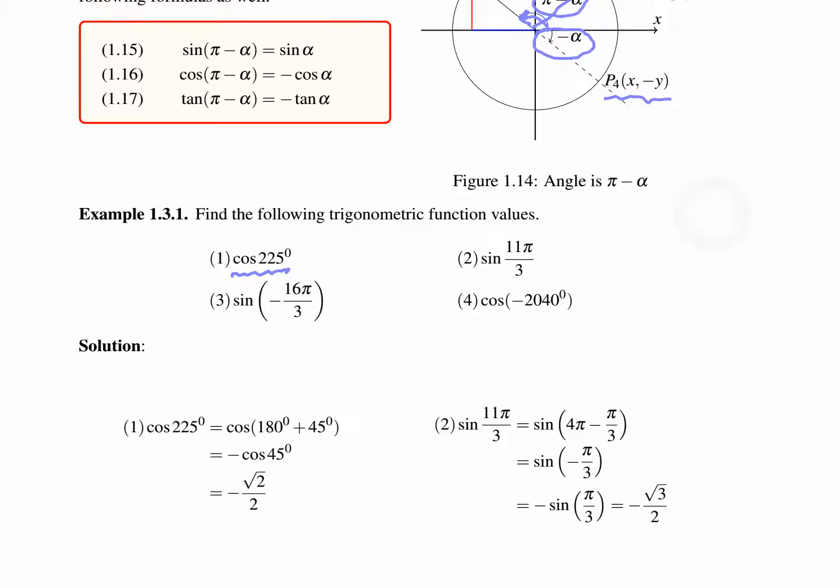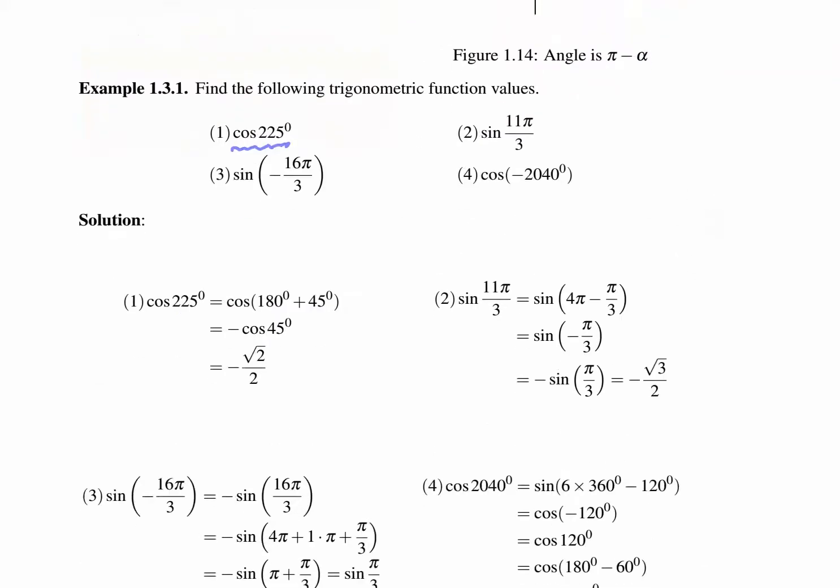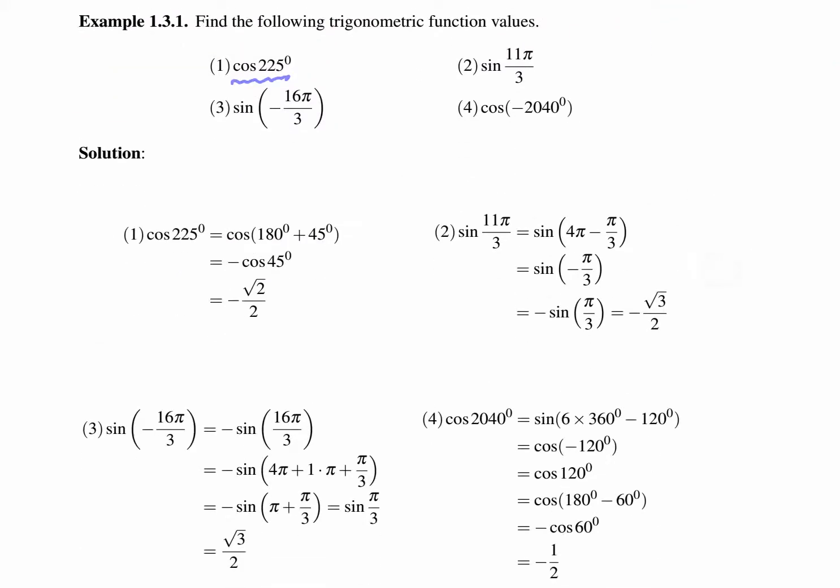First example is again cosine 225 degrees, which can be written as 180 plus 45.